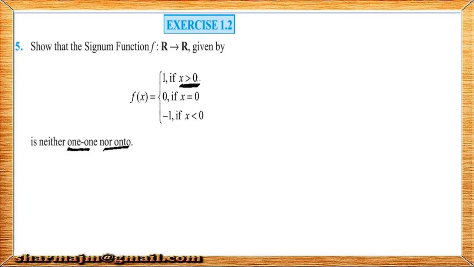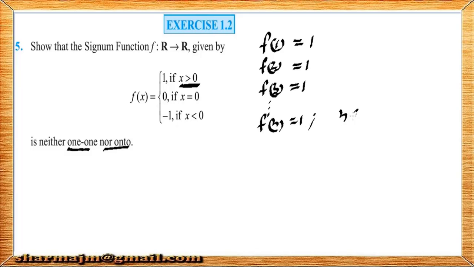So for all positive values, say f of 1, then it is 1, f of 2, then value of the function is 1, f of 3, the value of the function 1. So therefore f of n is equal to 1 for all n belongs to R such that n is greater than 0.